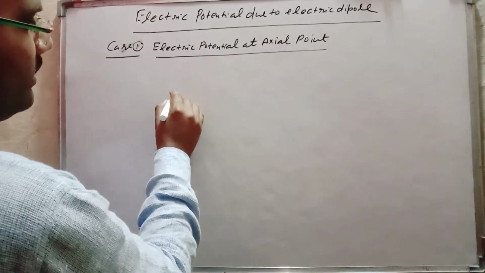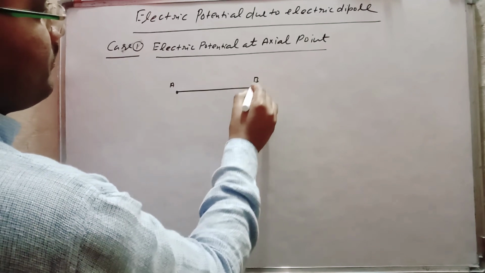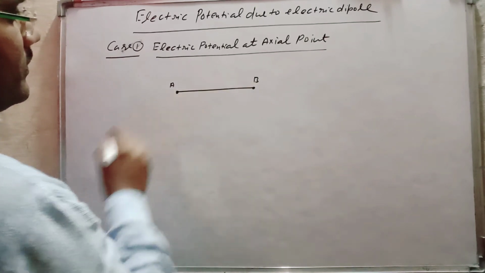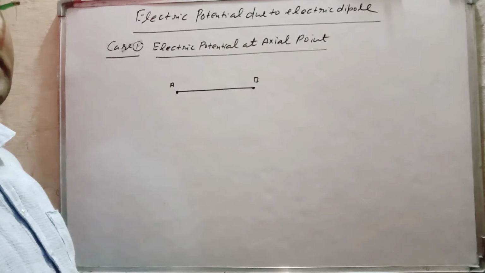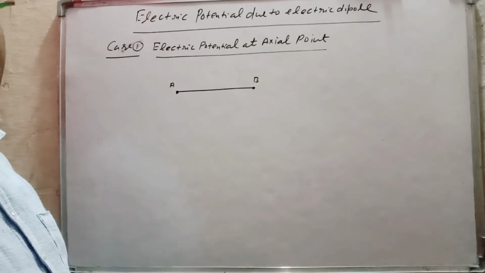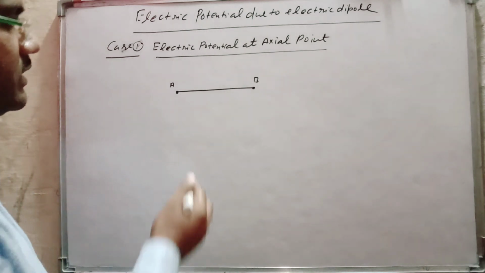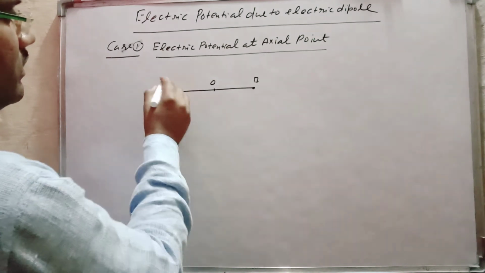Now here take an electric dipole AB. Electric dipole is a system of two charges having the same magnitude but opposite nature, separated by a small distance. Here O is the midpoint of the dipole.